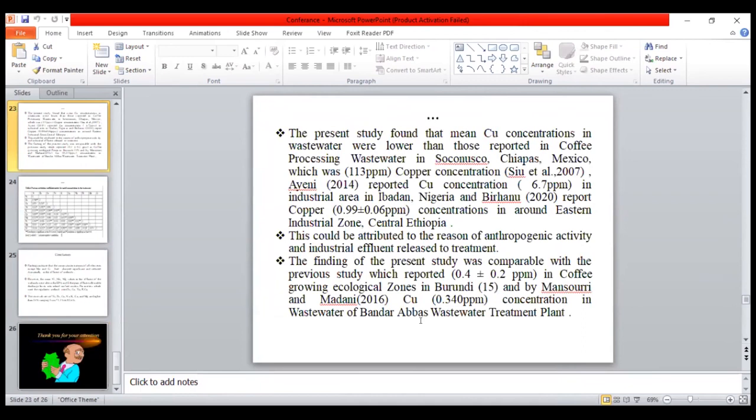And the present study found that mean copper concentration in wastewater was lower than those reported in coffee processing wastewater in Nigeria, and also in Ethiopia, which reported 0.91. This could be attributed to anthropogenic activity and industrial influence released to the environment.